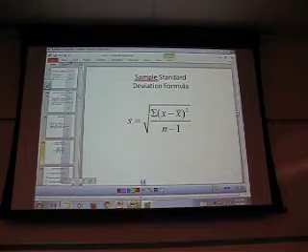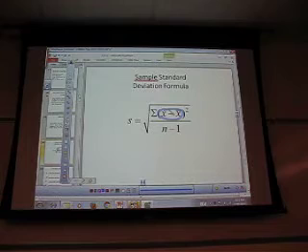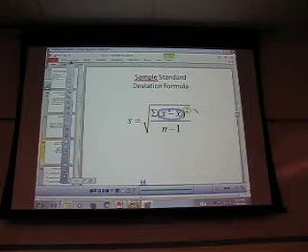So here's our sample standard deviation. The very first step is you take every x value and subtract the mean. Figure out how far it is from the mean. That's step number 1. Step number 2 is you square each of those values.